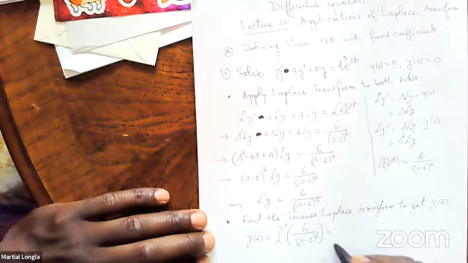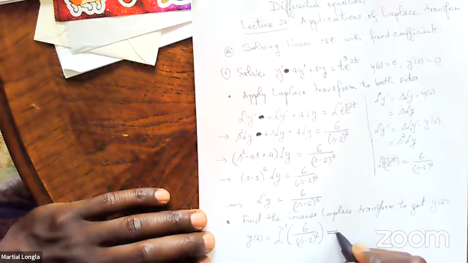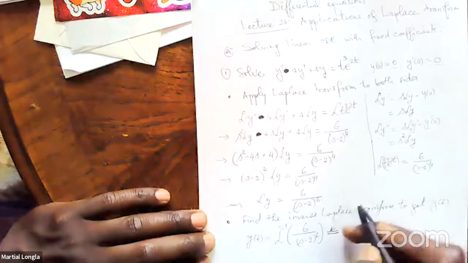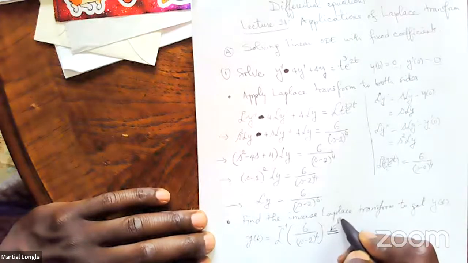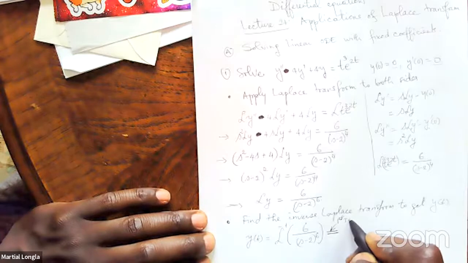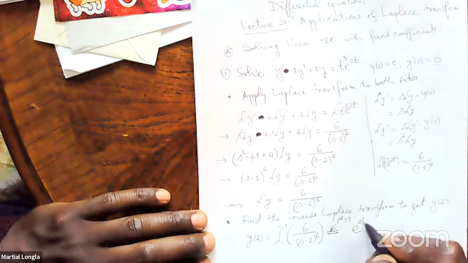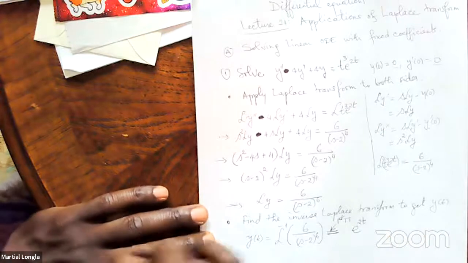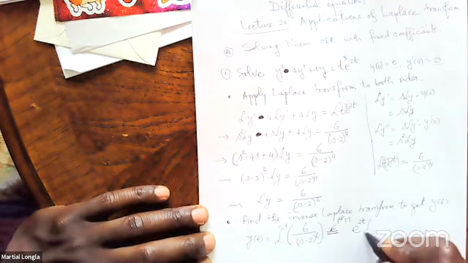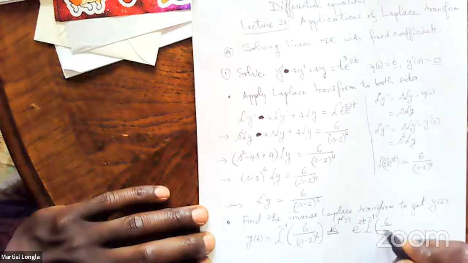And again, like I said, we are professionals. So right here, we recognize the first translation theorem. So that's going to be e to the 2t, and then inverse Laplace transform of 6 over s to the 6.